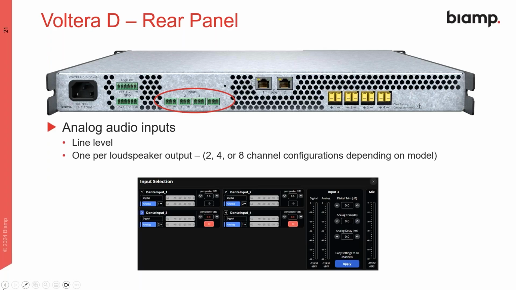These are line level inputs, obviously one per output channel, and these also can support, perhaps Dante is your primary source. Well, they can revert to analog should you lose that networked audio. We also have ways of doing Dante redundancy. We'll get into that shortly also.